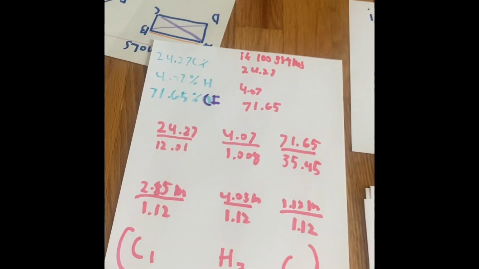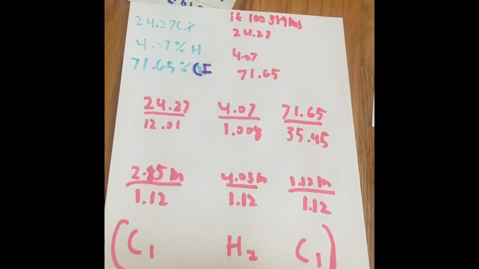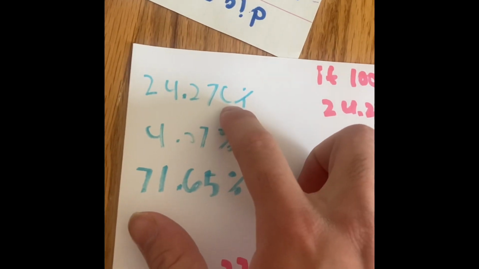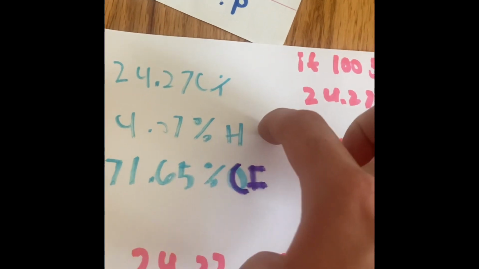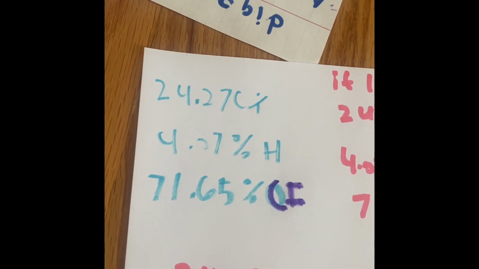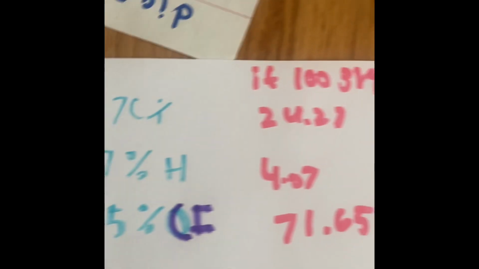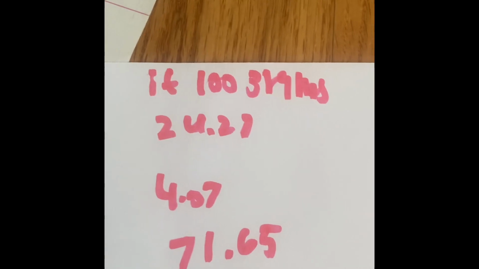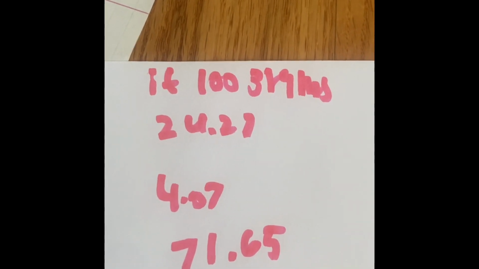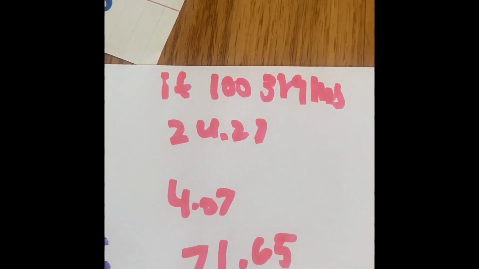So here's a scenario. You are trying to find the empirical formula with carbon, hydrogen, and chlorine, so Cl. When you got those, you found out if the compound weighed 100 grams, you would put them in their respective numbers without the percentages.